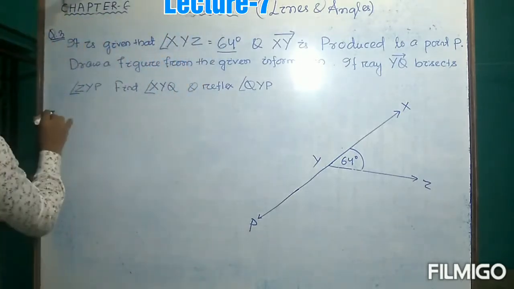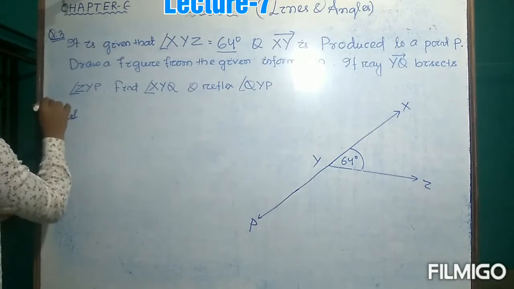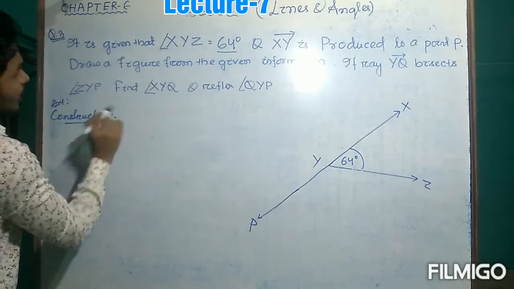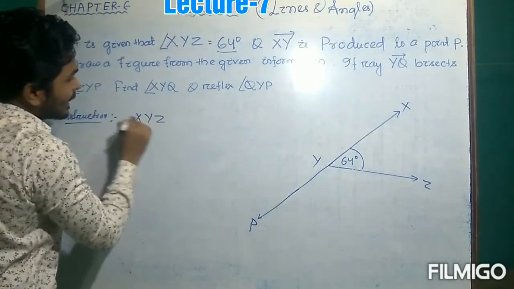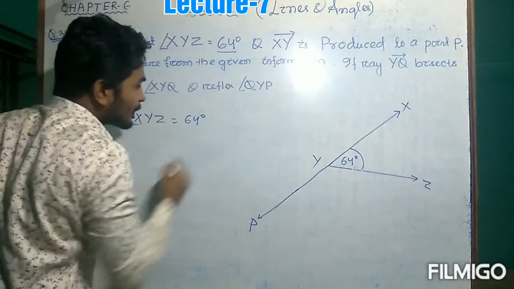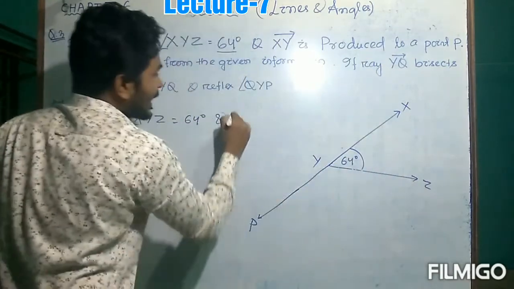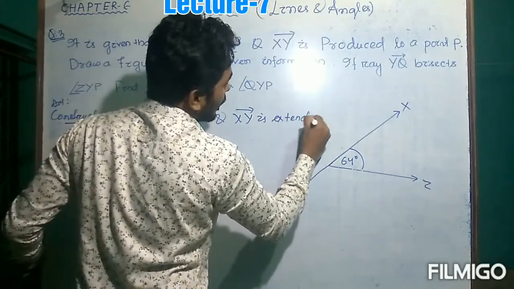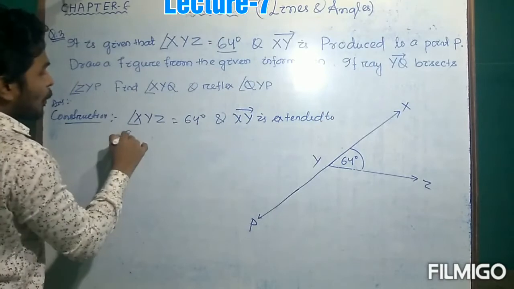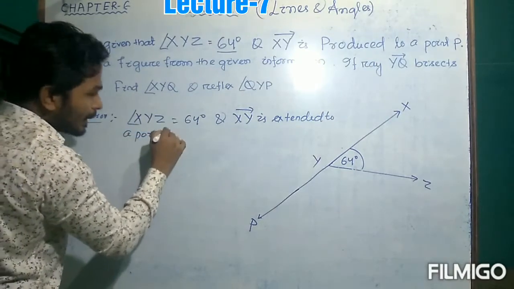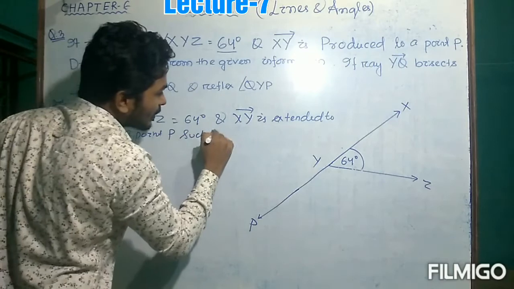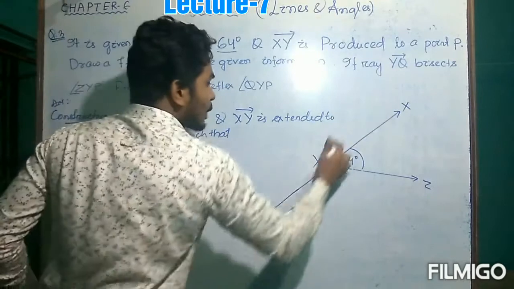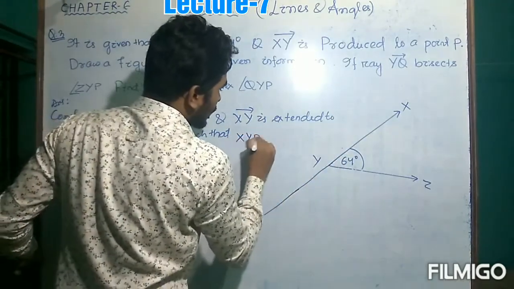Right. So construction, let us first construct angle XYZ is equal to 64 degree and XY ray is extended to a point P such that PYX is a straight line, or XYP is a straight line.